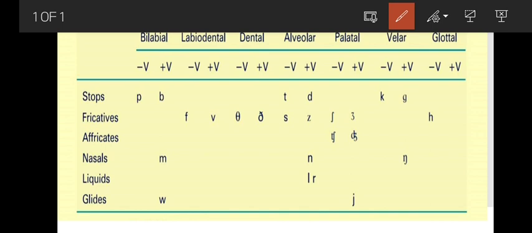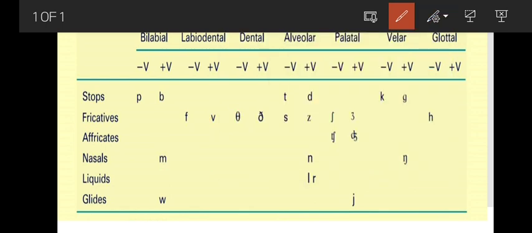This way we pronounce the nasals, like m, n, ng. All of the nasal sounds are voiced.